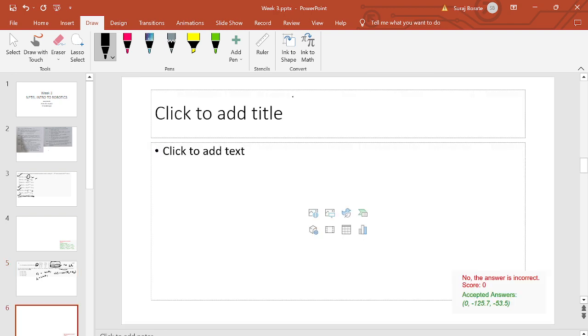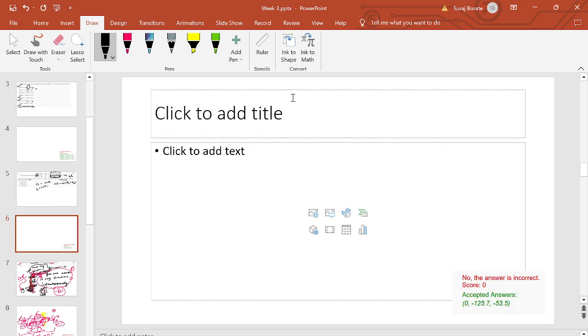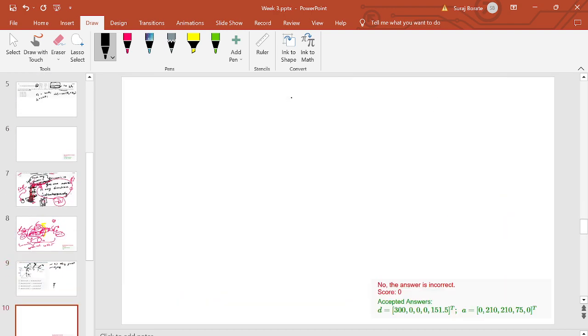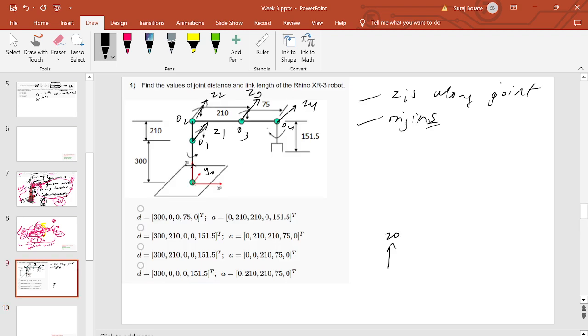Last time we have done enough practice of this. This time I went fast, but if you have any issue, please tell me. So the common normal to Z1 and Z0 will be passing through O1, and I wrote it as O1. Then O1 and O2 common normal, where does it intersect Z2? Here. So O2, O3, O4, same logic.